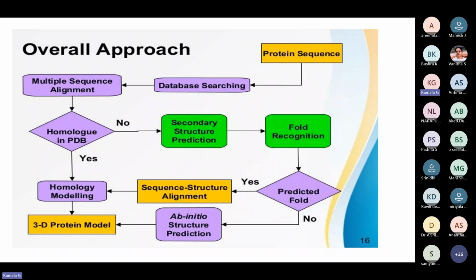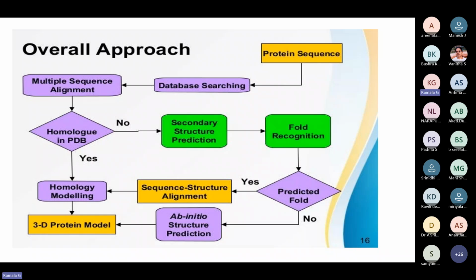Okay, secondary structure suitability, structural stability studies, folding recognition, everything. Then finally, I concluded that this structure is highly stable and useful for further analysis or further docking studies. So the first one is an unknown or known sequence.